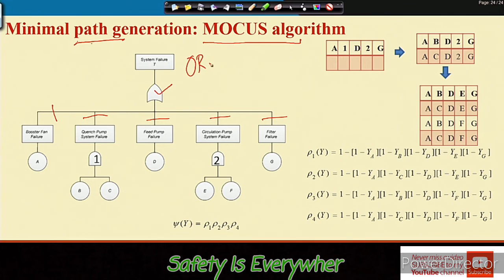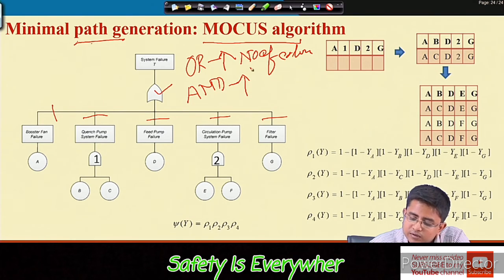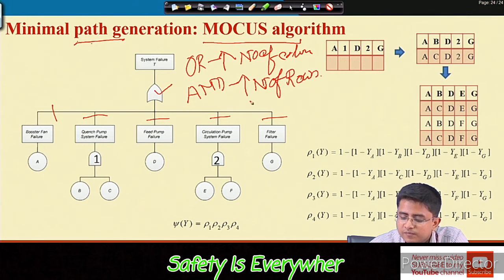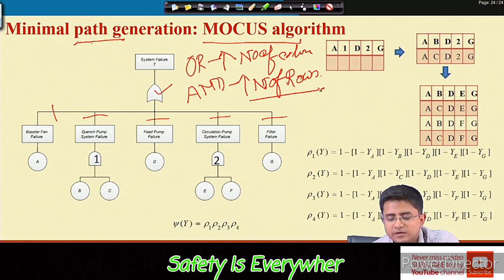So, for OR gate, increase the number of columns, but for AND gate, increase the number of rows. So, this is the difference between path representation and cut representation.